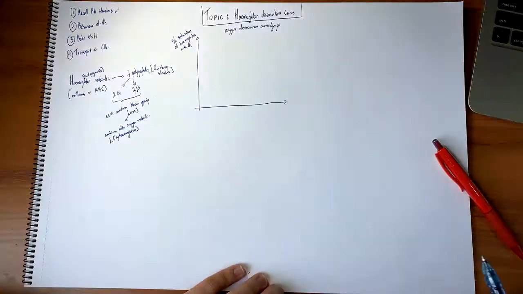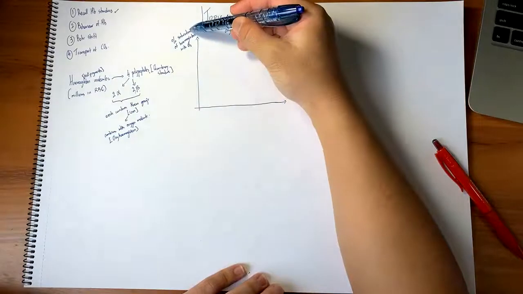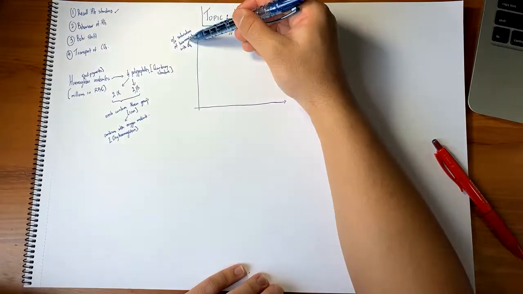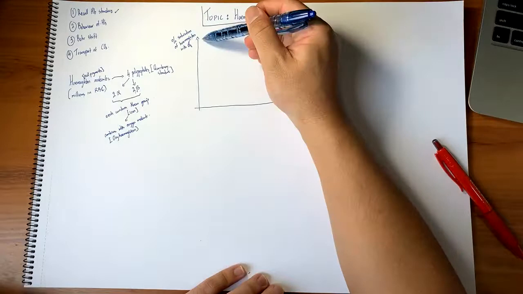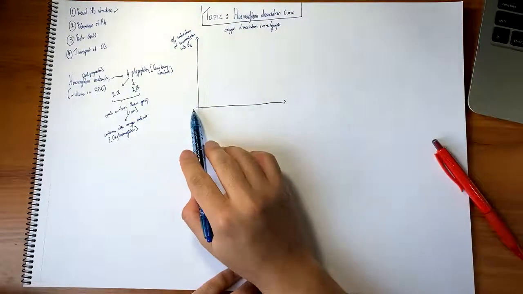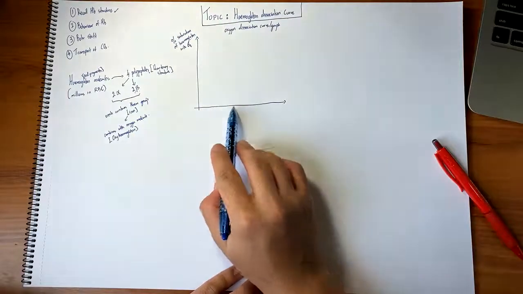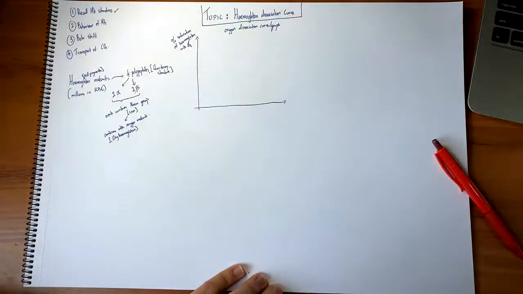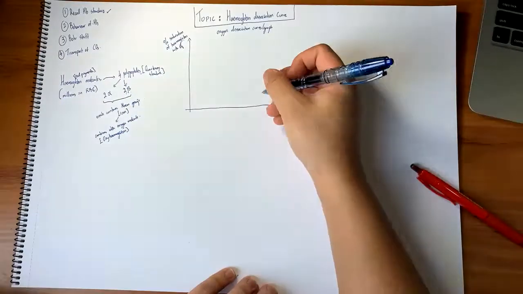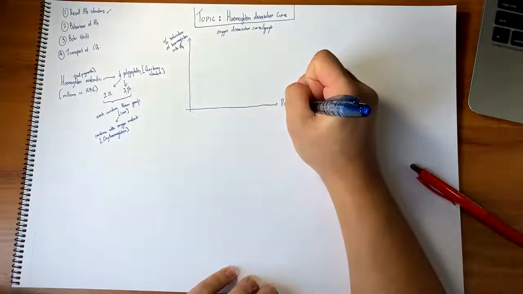What it means is how much oxygen is combined with the hemoglobin. So how many oxygen molecules are actually combined with the hemoglobin molecule. That is on the y-axis here. And on the x-axis, what they are showing you is the partial pressure of oxygen.